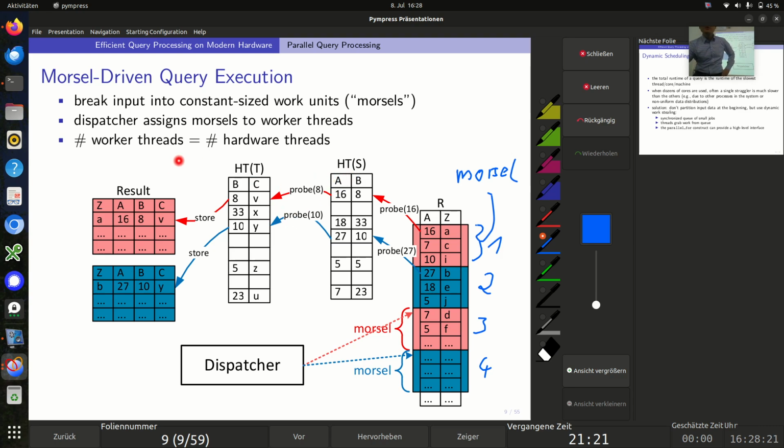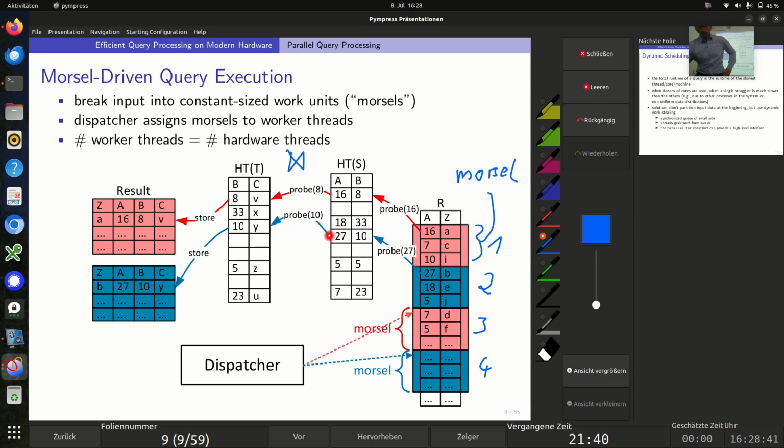So now we can guess what we are doing here. So, it's a basic join. We have two relations, T and S, and one side should already be materialized.